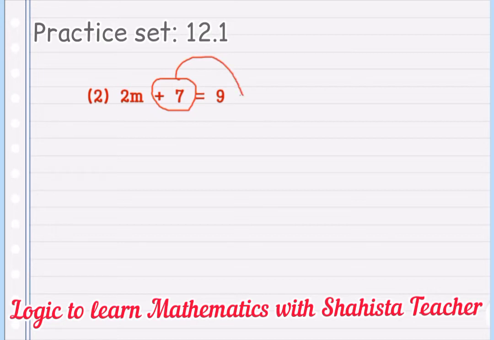So plus 7 shifted to the right hand side becomes minus 7. So 2m is equal to 9 minus 7. 9 minus 7 is how much? Yes, 2. So 2m is equal to 2.